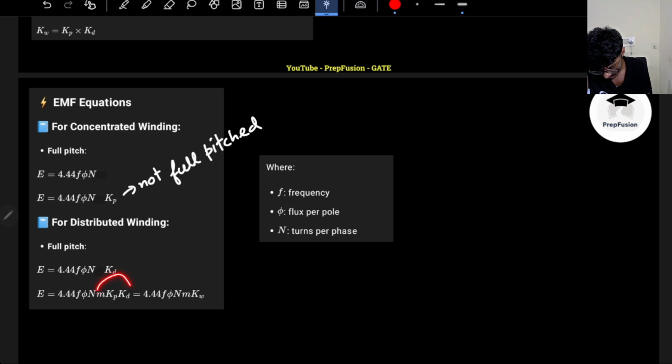And if it is not full pitched, it will be Kp into Kd, that is the winding factor. So m I have to remove, m will not be there, sorry for that.